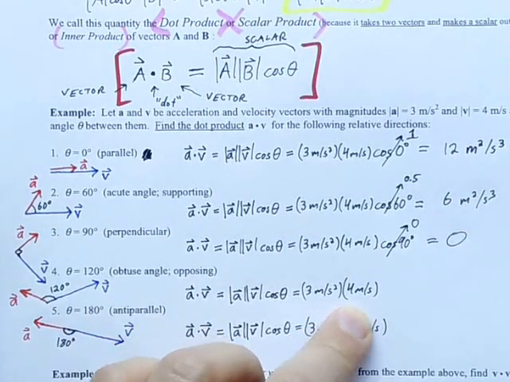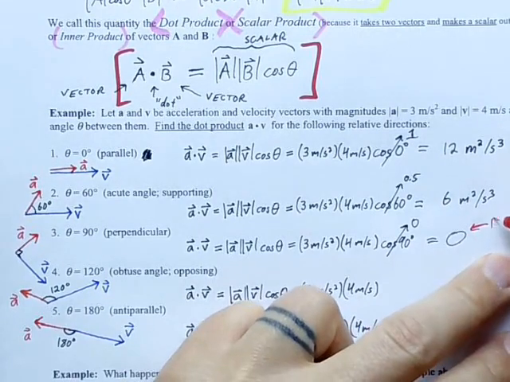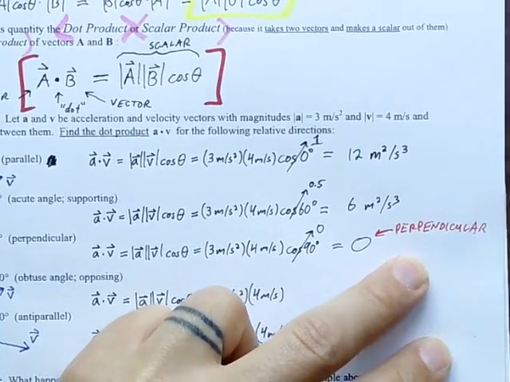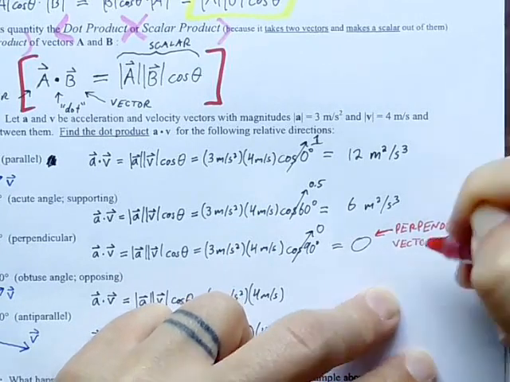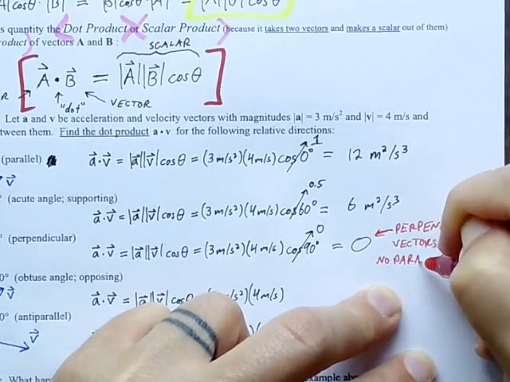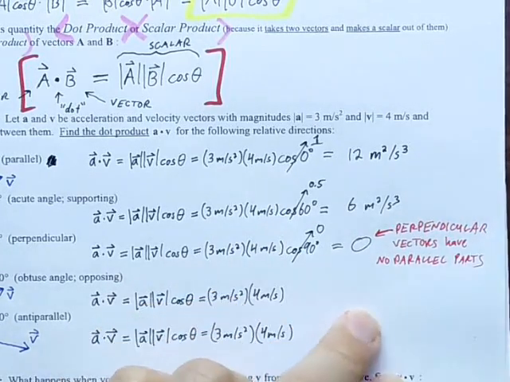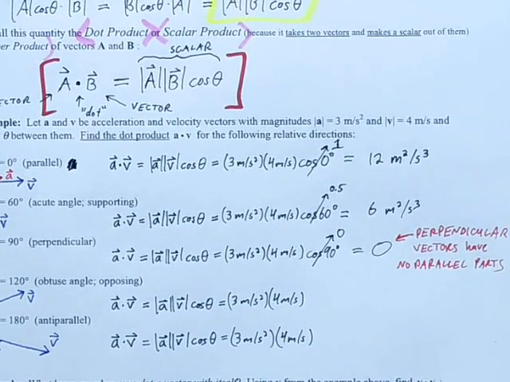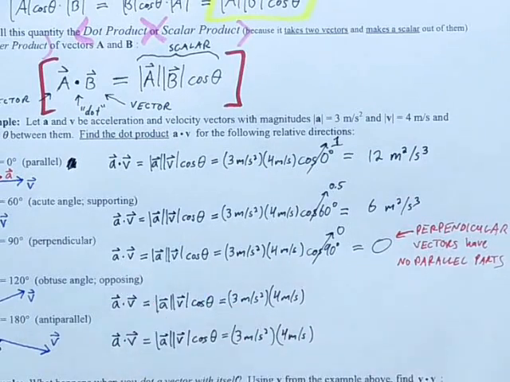The dot product there is 0, indicating to us that perpendicular vectors have no parallel parts. The product of their parallel parts is 0. They are not supporting each other whatsoever, but not opposing each other either. So, key result, the dot product of perpendicular vectors is 0.